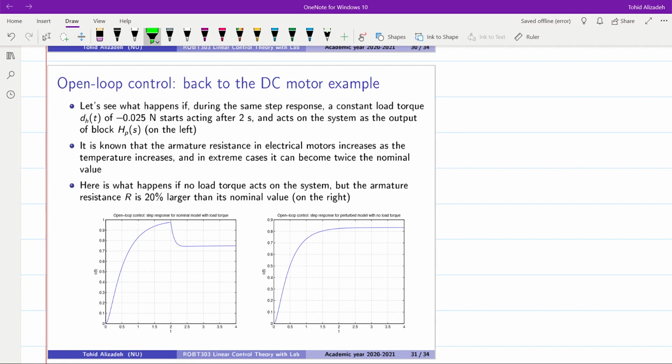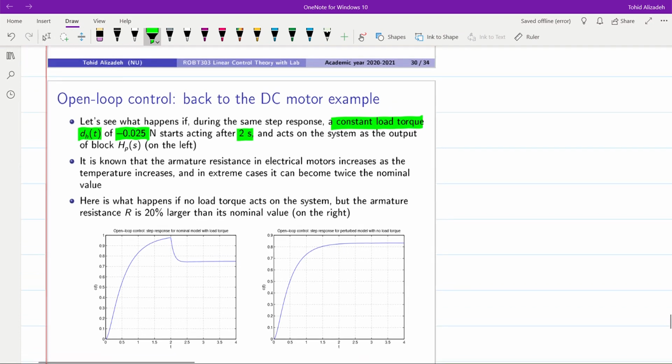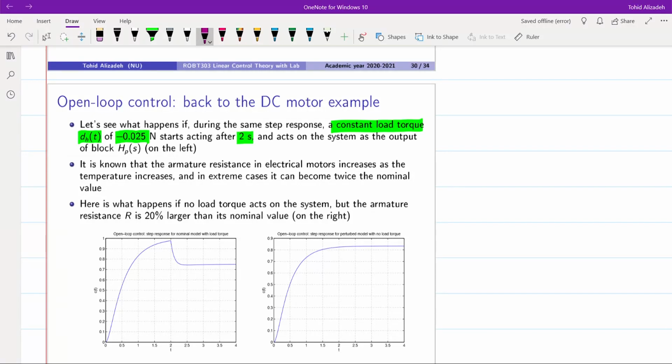So we assume that a constant load torque dH of minus 0.025 newtons starts acting after 2 seconds and acts on the system as the output of block HP. So it is being added to the output. So we have GC, GP, and here we have the disturbance. It happens at this moment, 2 seconds.